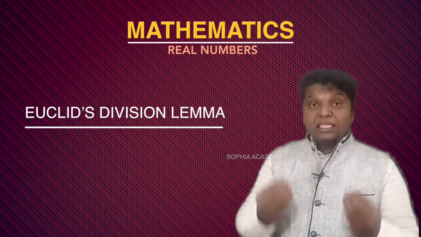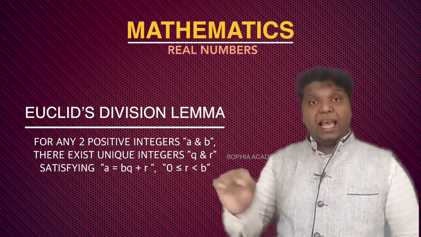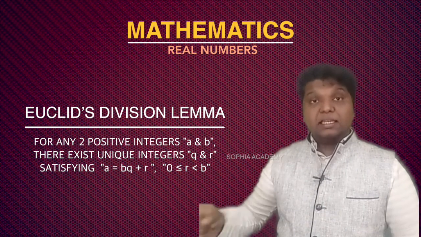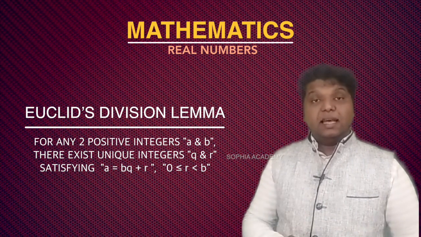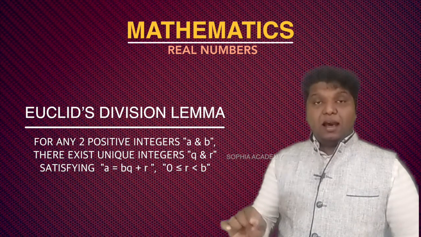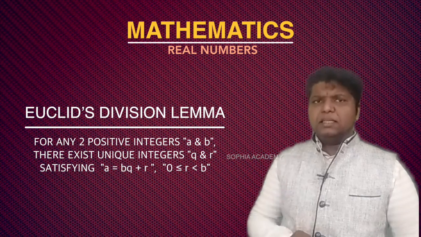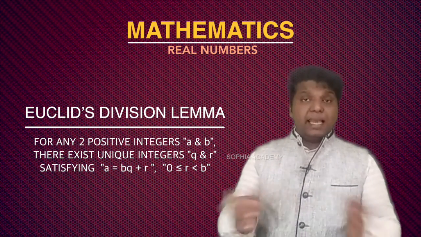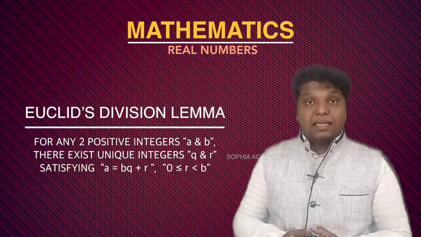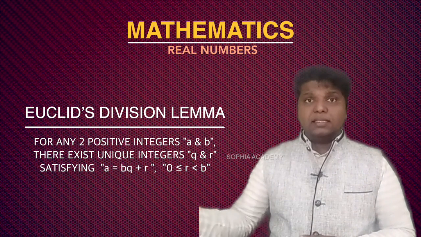Euclid's division lemma states that for any two positive integers a and b, there exist another two integers q and r such that a is equal to bq plus r, where 0 is less than or equal to r, and r is less than b.